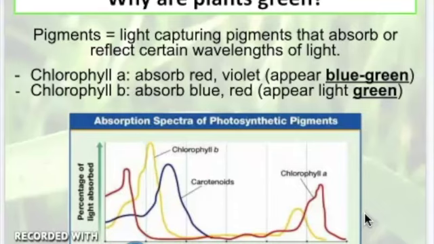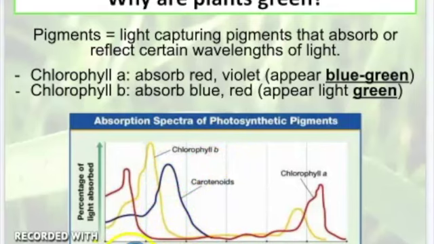Some of you might have questions as to how come we do see some other colors when it comes to other plants? Well, that's because of the types of light capturing pigments within these other plants. If you think of something like an eggplant, that's going to have a different pigment inside of it.